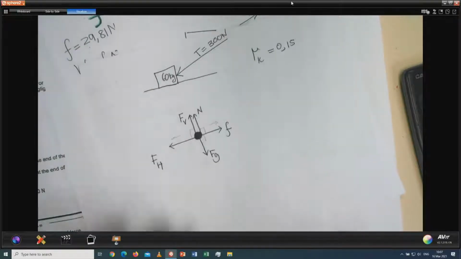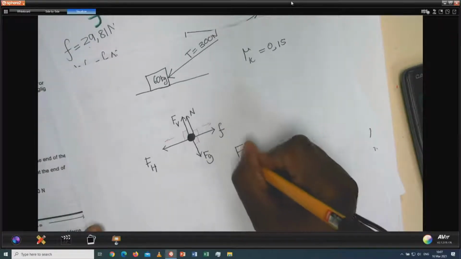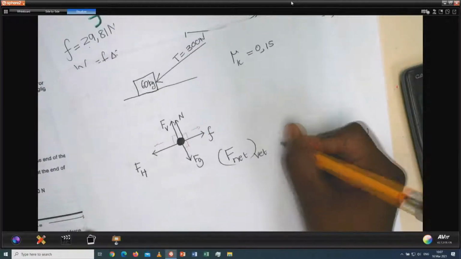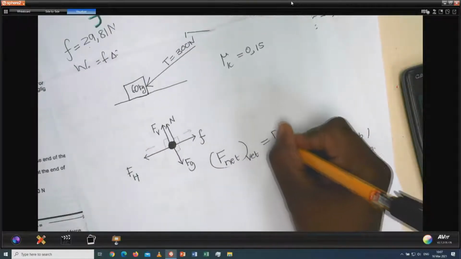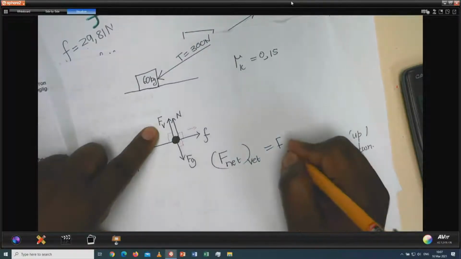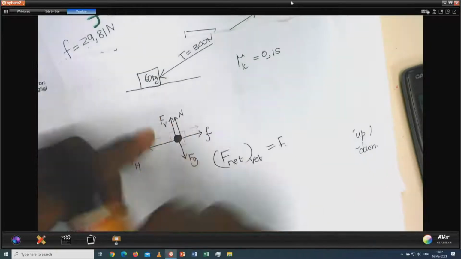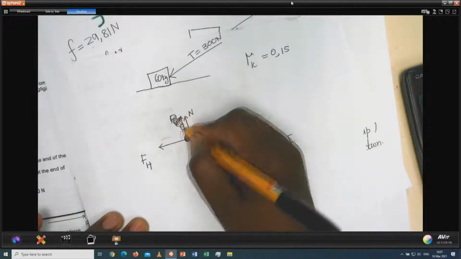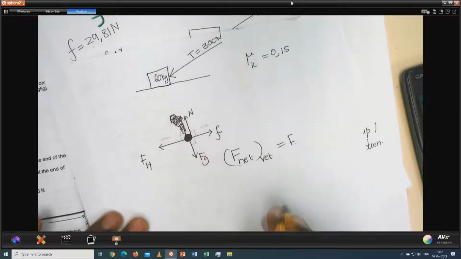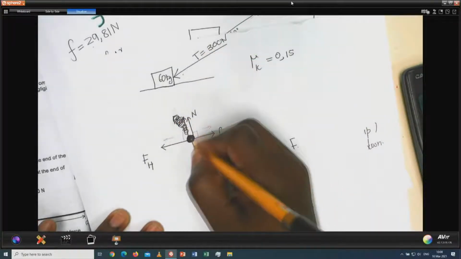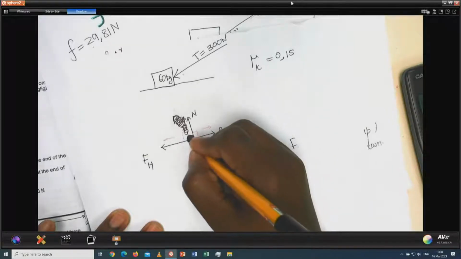Now again, our F net vertical will be the sum of the forces that are acting here. If we look here, we've got the vertical component. Sorry, I made a grievous mistake here. We are dealing now with a push, not a pull.